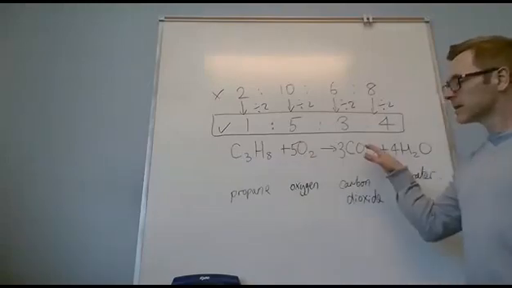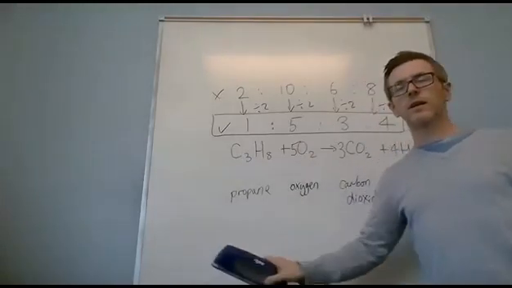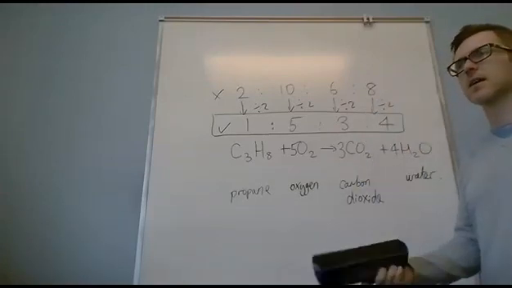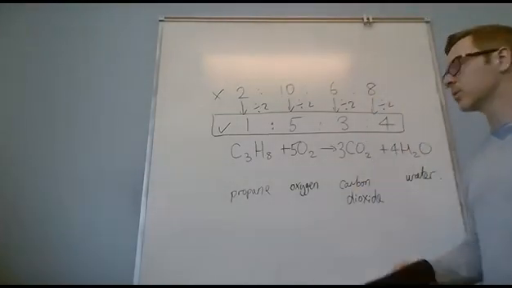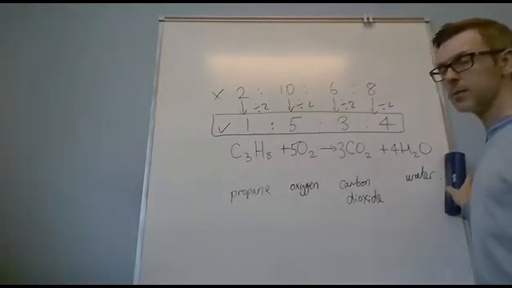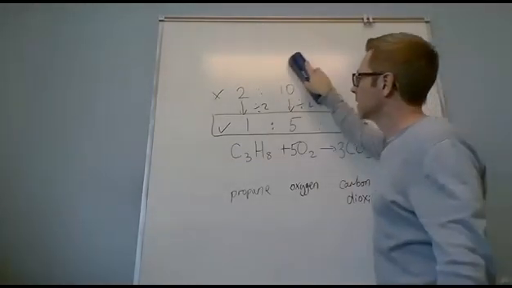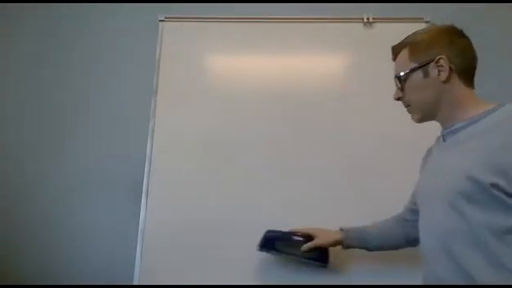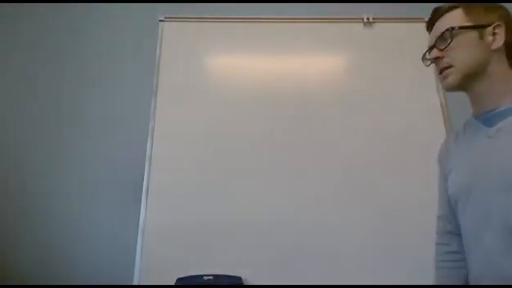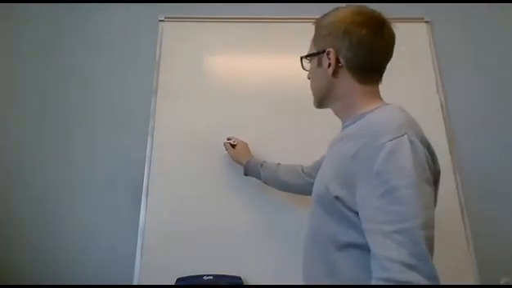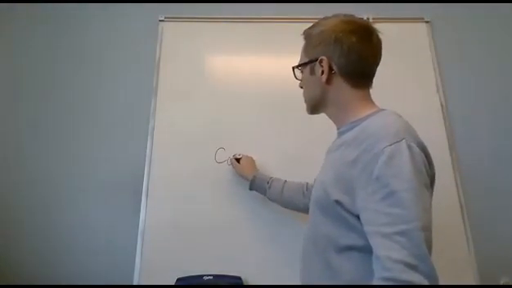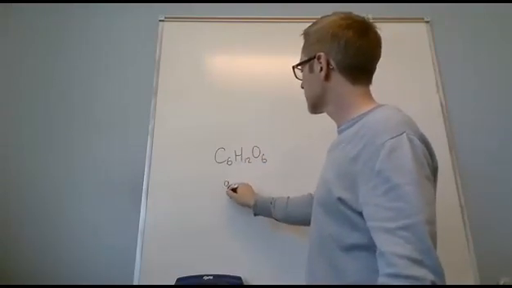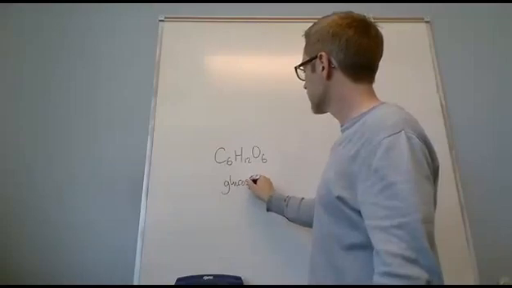Okay, similar to this example, I think next we'll look at photosynthesis. Photosynthesis is a chemical reaction that you will probably encounter for the first time in a biology class. So what if we had glucose, C6H12O6?